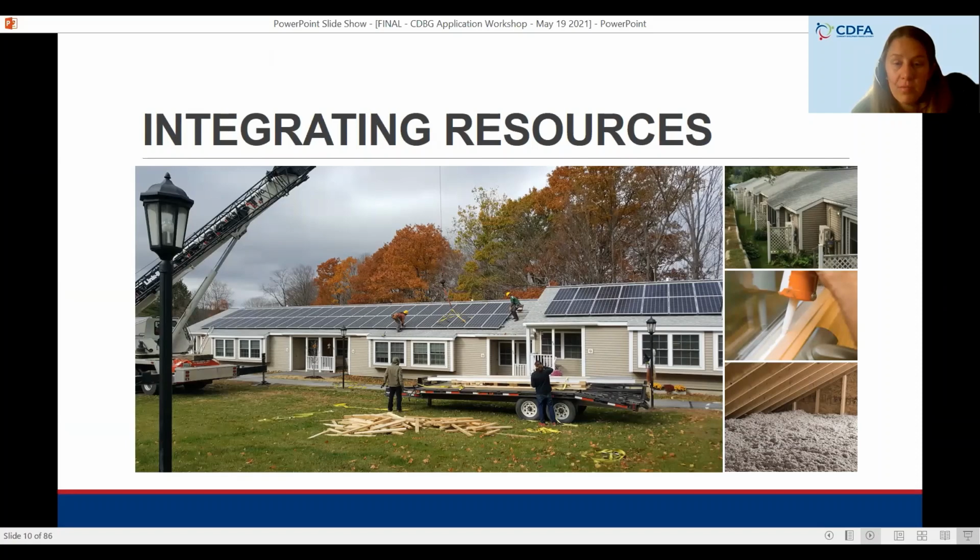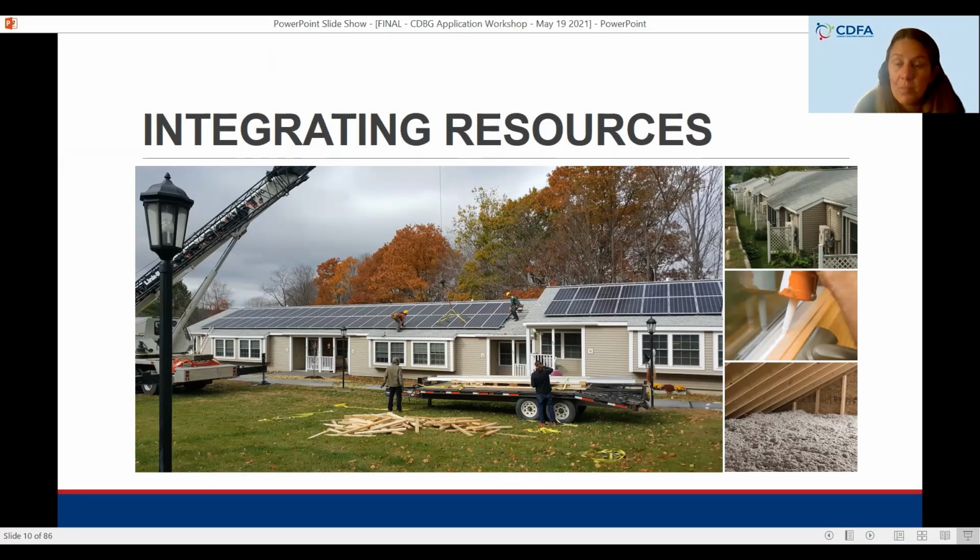We look to provide resources to advance your project and understand that often one resource isn't enough to advance your project, particularly as you are dealing with complex issues and looking to achieve really significant results. So in this project in Maple Manor in Newport, we were able to help the project sponsor facilitate an energy audit and understand that they could do significant energy efficiency upgrades to their building, as well as install solar.